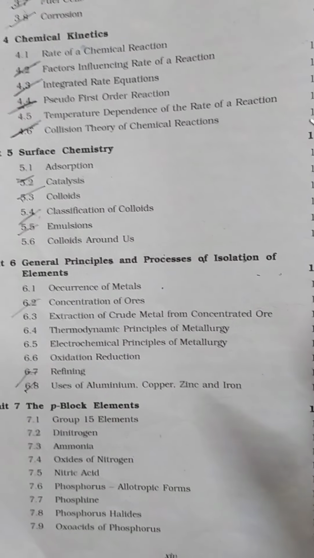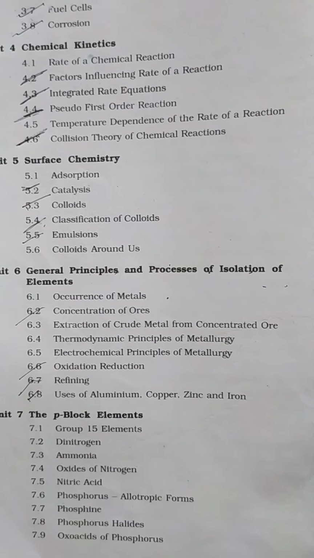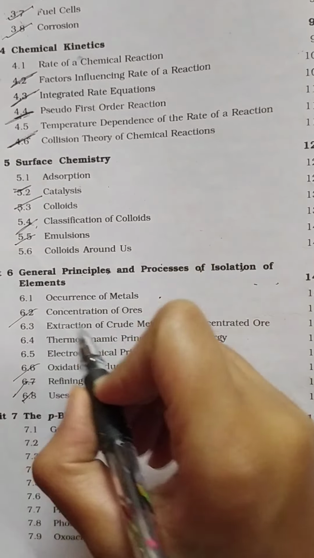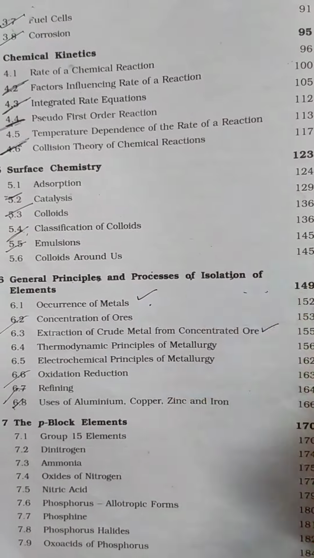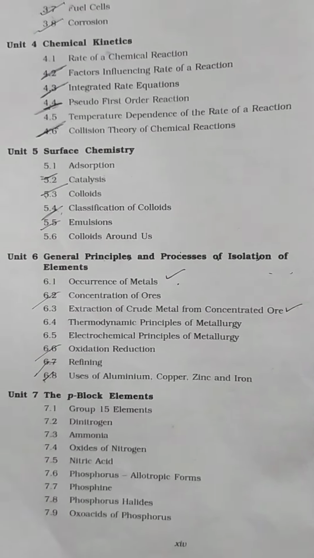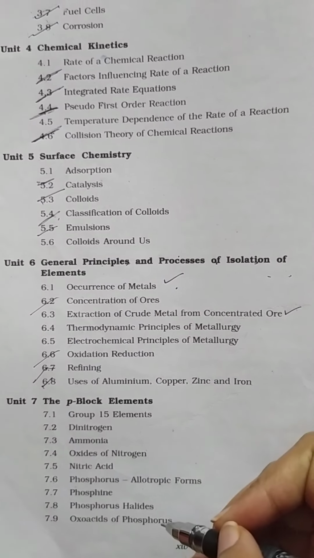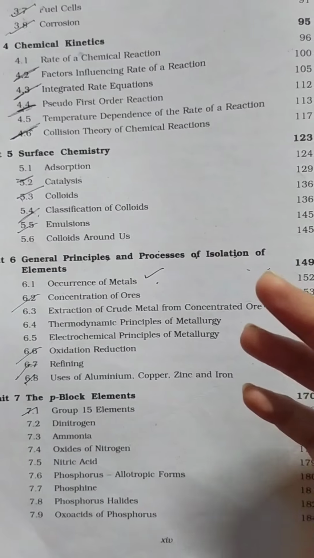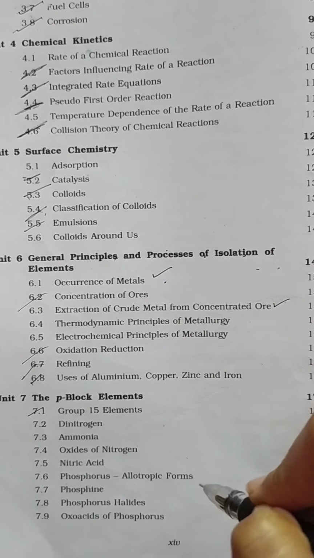I forgot to tell you, the thermodynamic principle of metallurgy and electrochemical principle of metallurgy are both important topics from Unit 6. The least important is the occurrence of metals. Just concentrate on the other topics; occurrence of metals is of little importance.